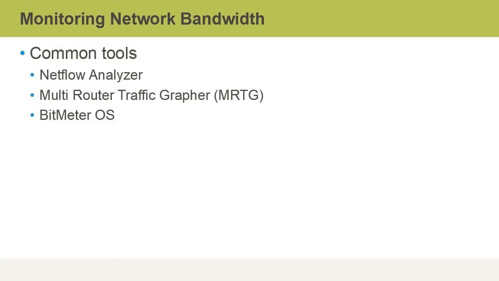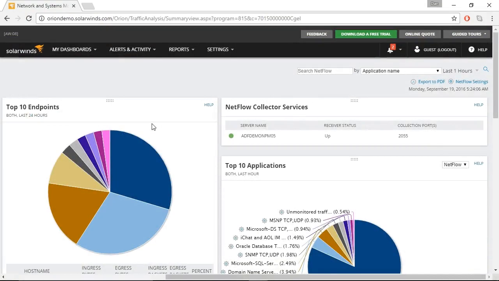Common network bandwidth monitoring tools include tools such as NetFlow Analyzer, Multi-Router Traffic Grapher, MRTG, and BitMeter OS. Let's take a moment and view what the NetFlow Analyzer looks like. A picture paints 1,000 words, so many of these network monitoring tools will allow us to view things in graph format.